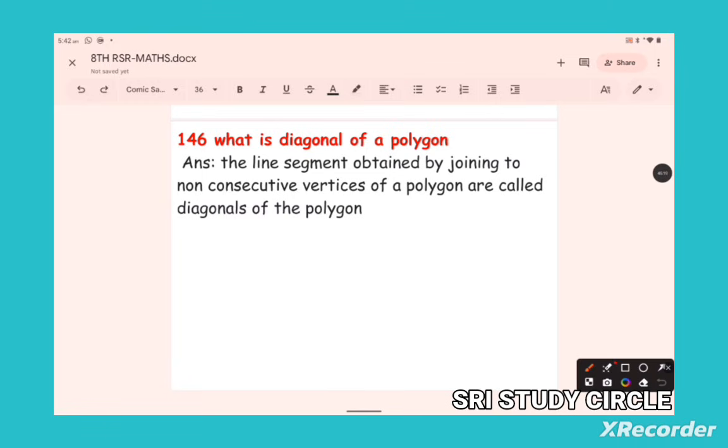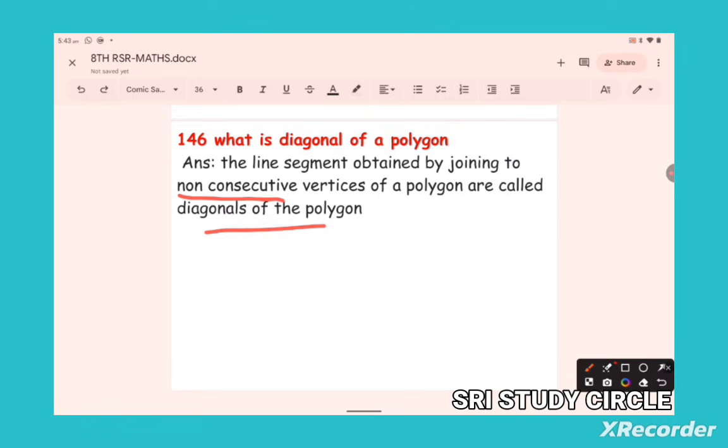What is the diagonal of a polygon? The line segment obtained by joining the non-consecutive vertices of a polygon is called a diagonal. The line segment joining the opposite vertices.